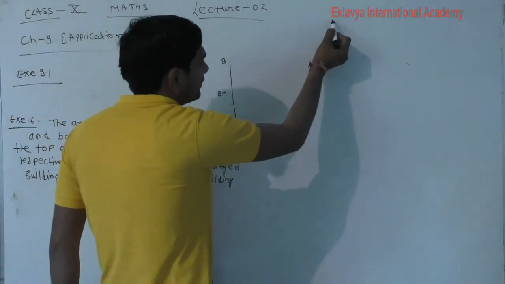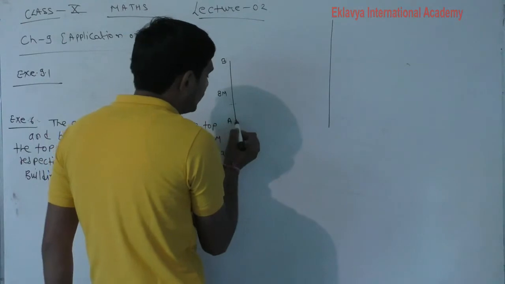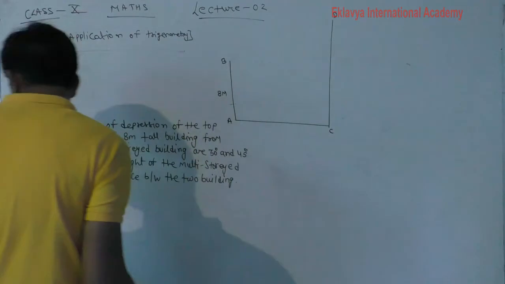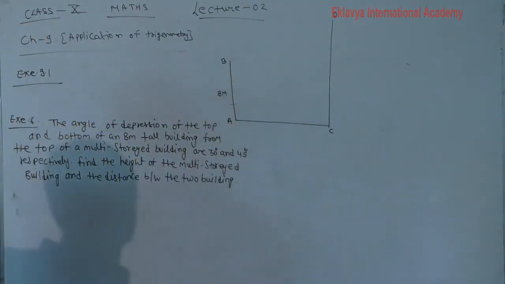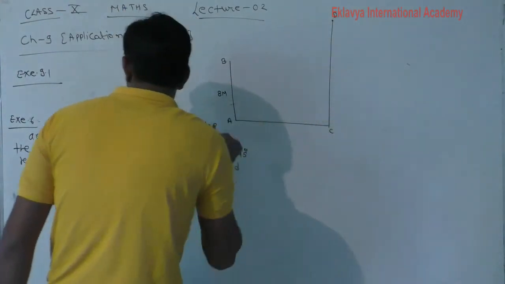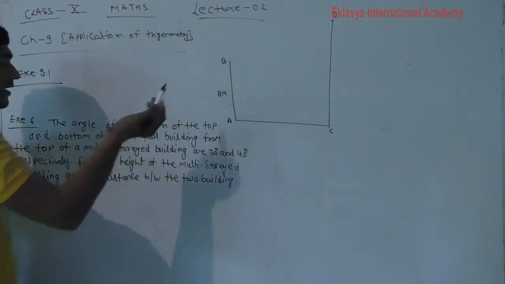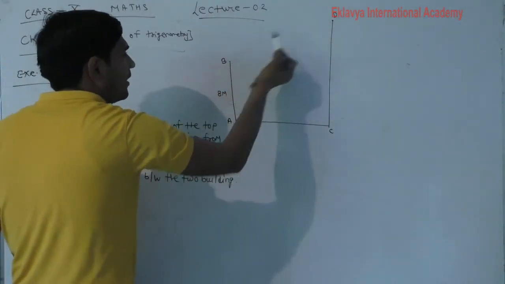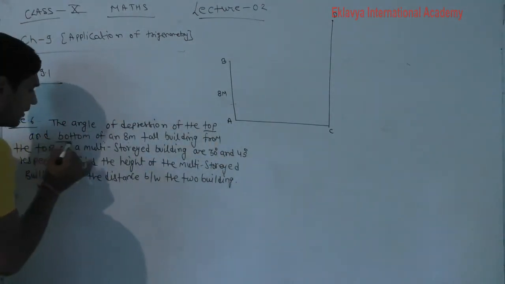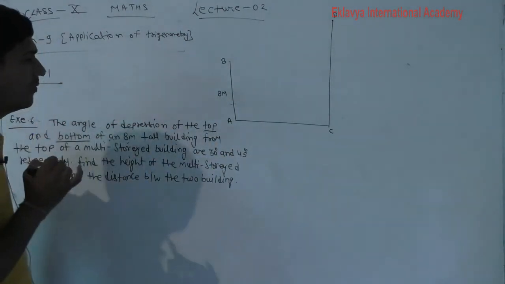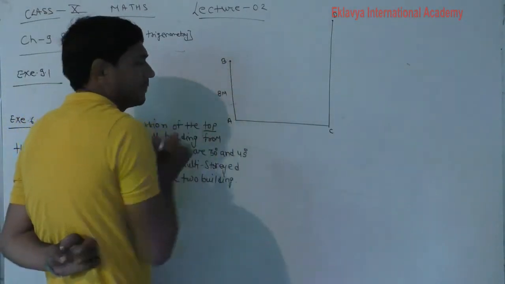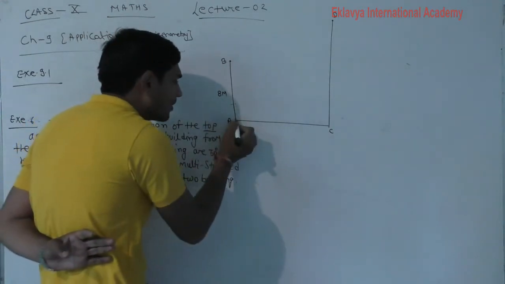So on the opposite side is a multi-storied building, CD represents the multi-storied building. Now in this multi-storied building, point D, from where is the angle of depression forming? From its top to the top of the building, and from its top to its bottom. Here given the top and the bottom of an 8 meter tall building. So what is the top of this 8 meter tall building? That is point B and the bottom is point A.